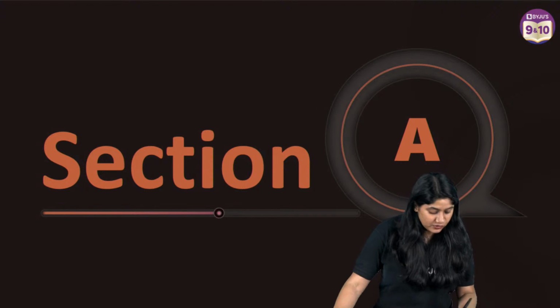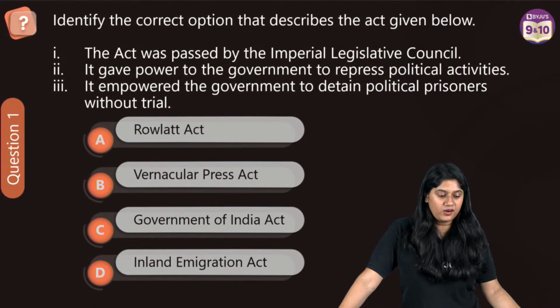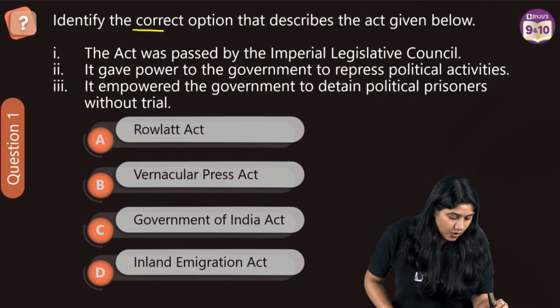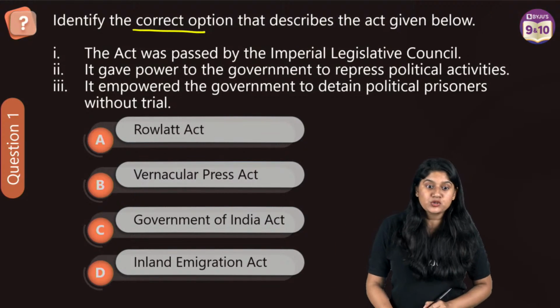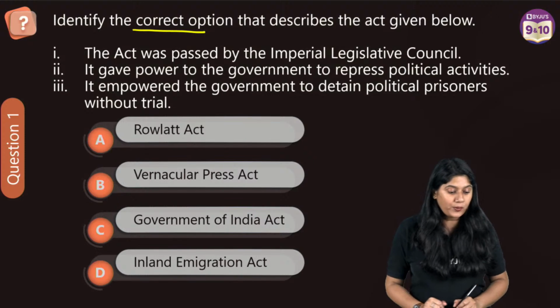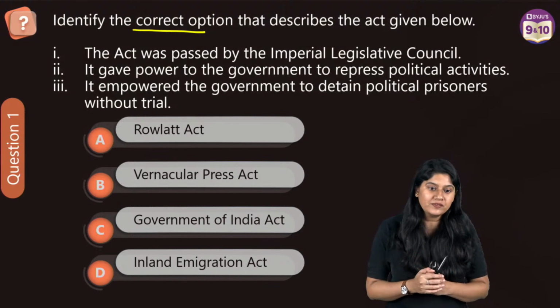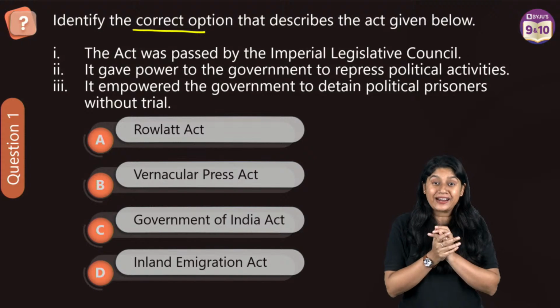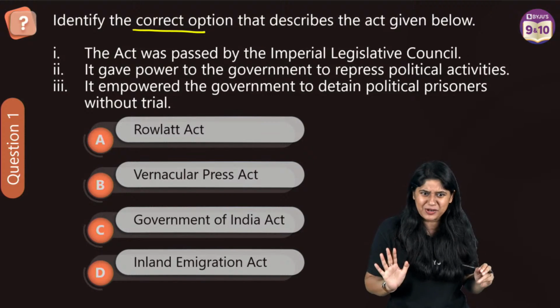Okay, chaliye. The first question is from history, everyone. Here we have to identify the correct option that describes the act which was given below. They have mentioned some of the important points about this particular act and we have to identify the act. Easy peasy question.